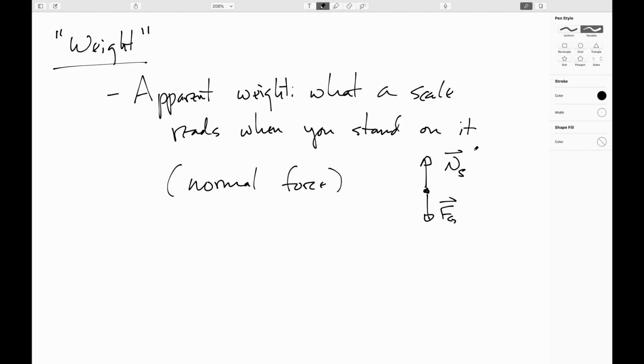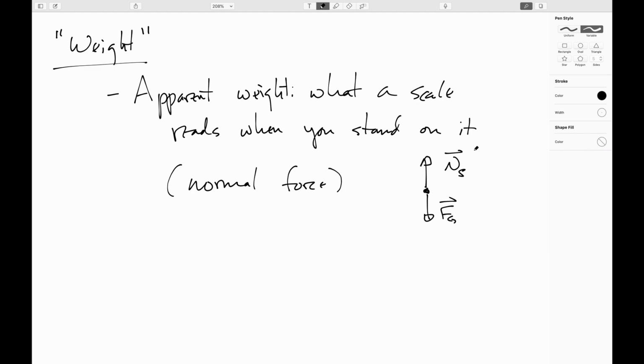This is maybe a little more obvious if you're standing on an old school spring scale as opposed to the more modern digital scales. There you can actually feel the whole scale move down a little bit as the spring compresses. But this is reading the normal force. Now, usually this is going to be equal to the force of gravity on you, but it doesn't have to be.